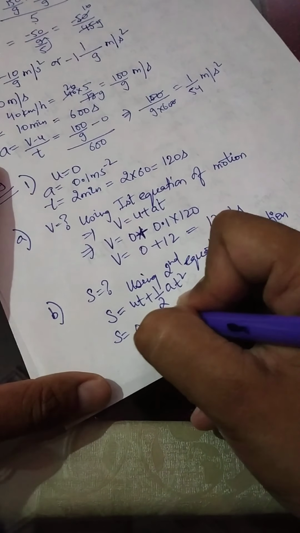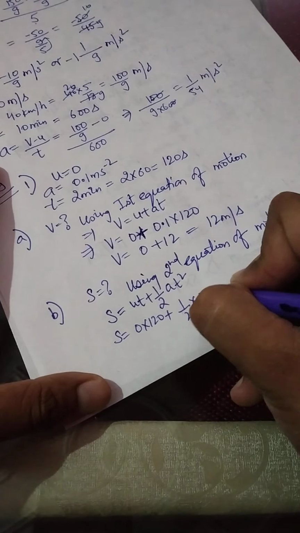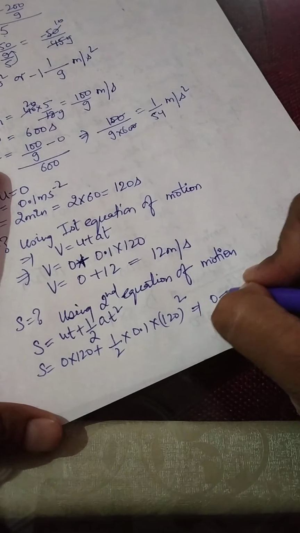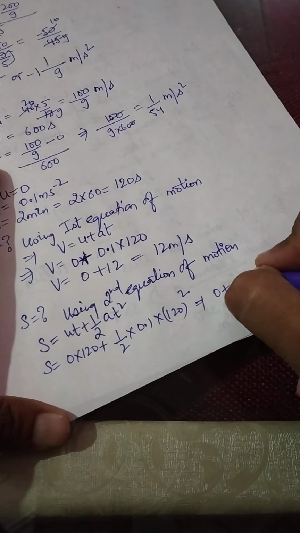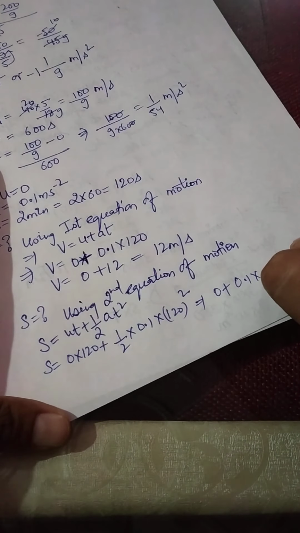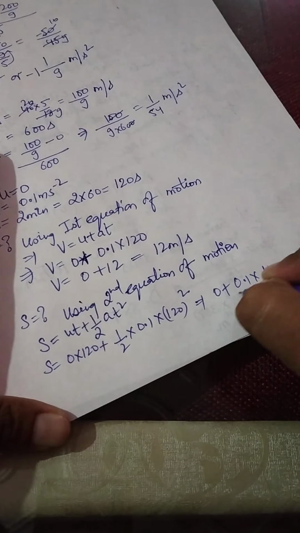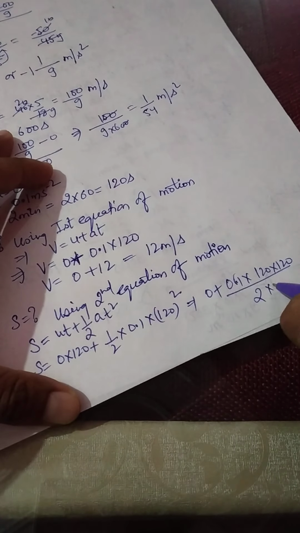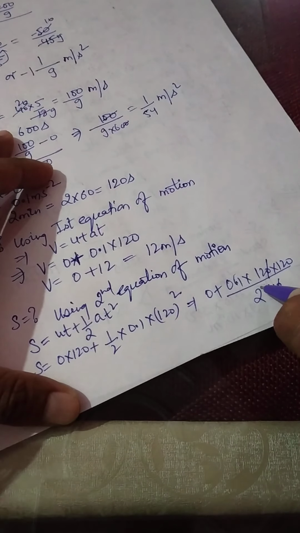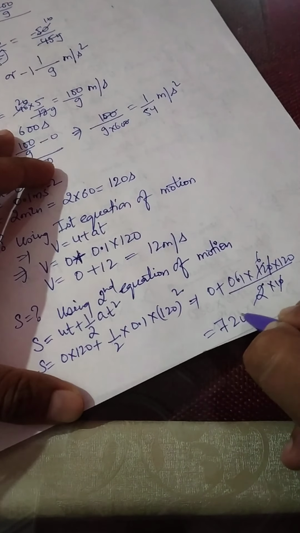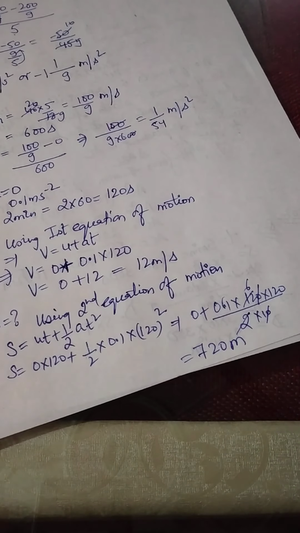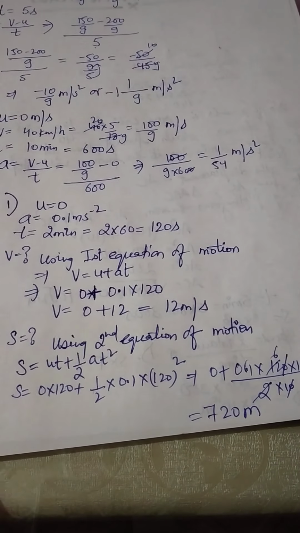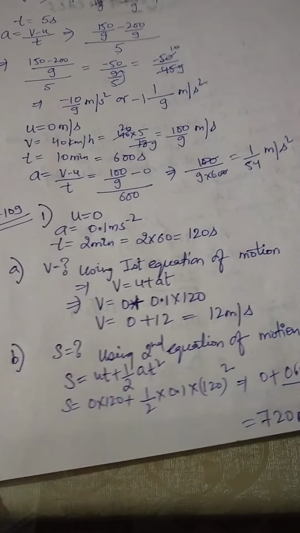Putting values, it will be 720 meters. This is the value of distance covered by the bus in 2 minutes.